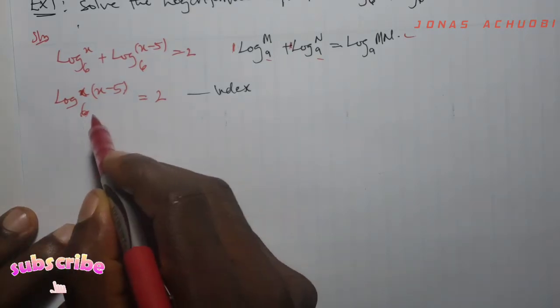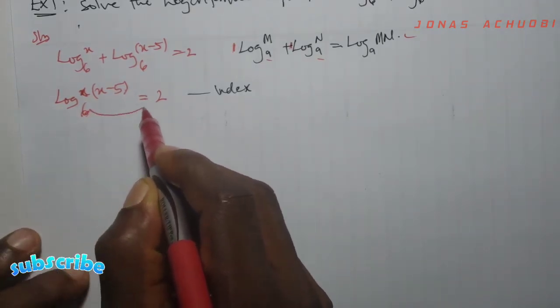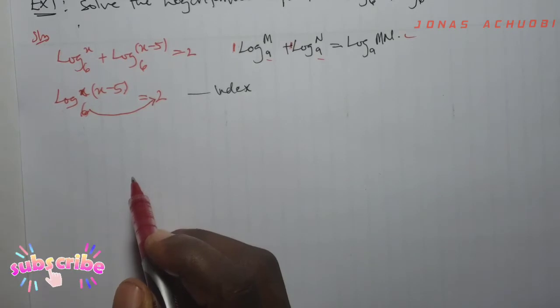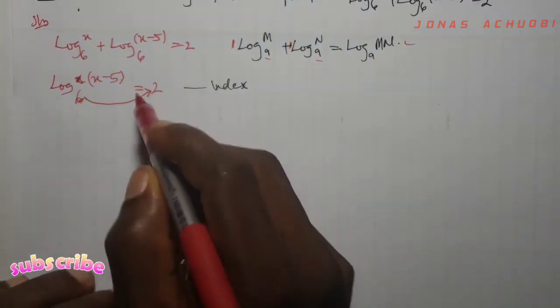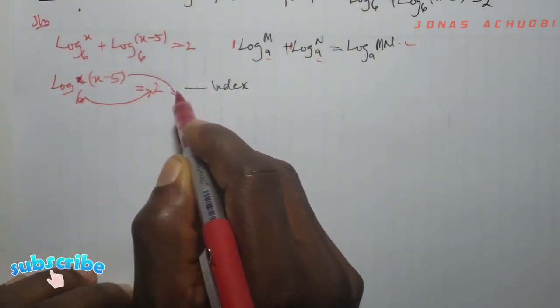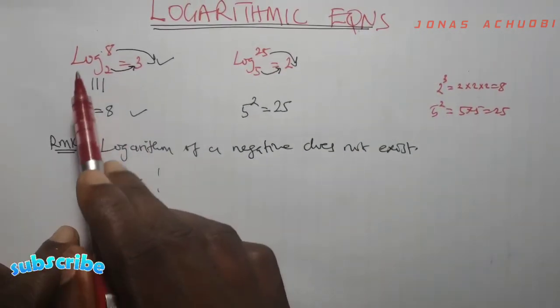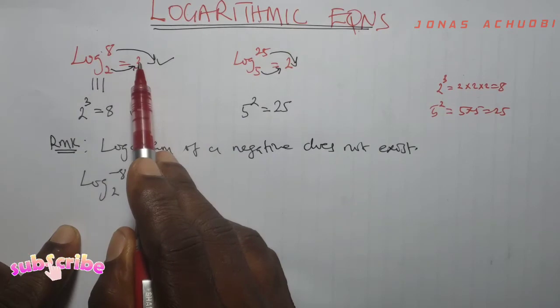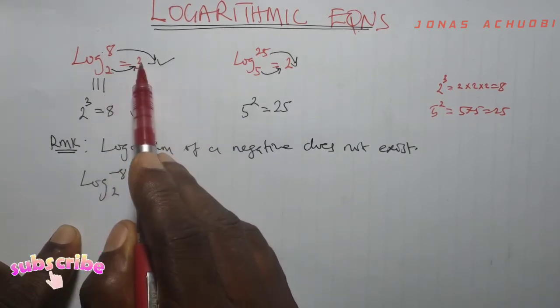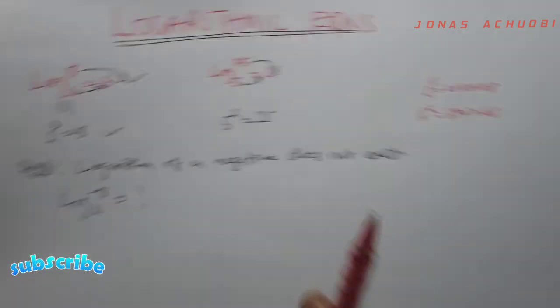How do you do that? The base here, 6, will take power 2, and we drop this other term to the right, just like we had done earlier when we changed log 8 base 2 equal to 3 to index form. 2 carried 3 as its power, and then 8 was dropped. The same thing we are doing here.